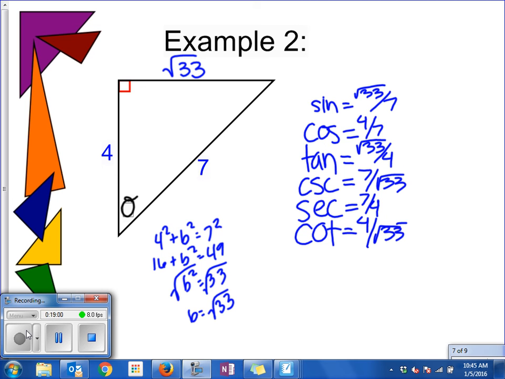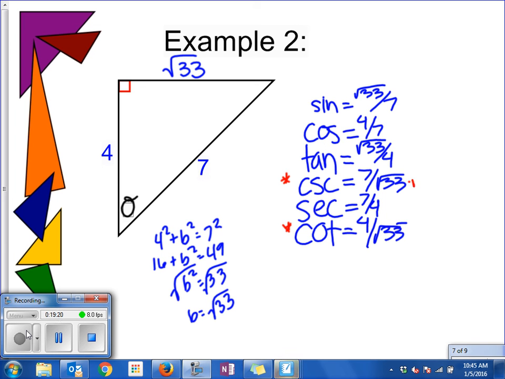Because there are 2 trig ratios that need to be fixed. They are cosecant and cotangent. To rationalize the denominator, or get rid of the radical in the denominator, just multiply by whatever radical is down there.